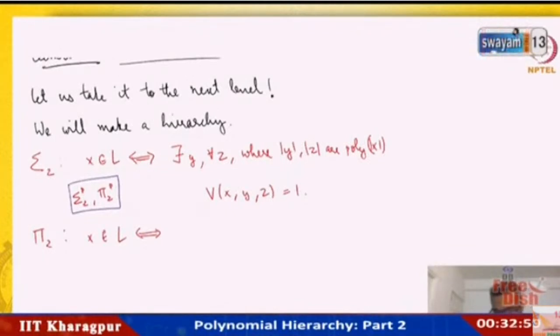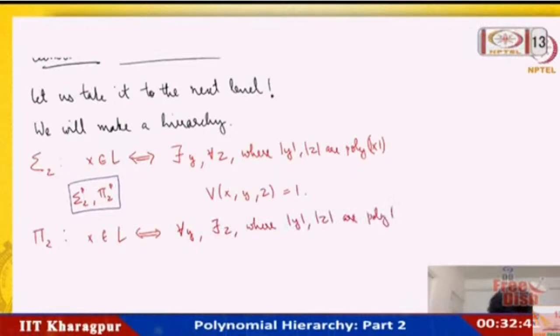And Pi 2 is the opposite. It's the class of all languages L such that x is in L if and only if for all y there exists z, where the lengths of y and z are polynomial in the length of x, and there is a verifier that accepts x, y and z.